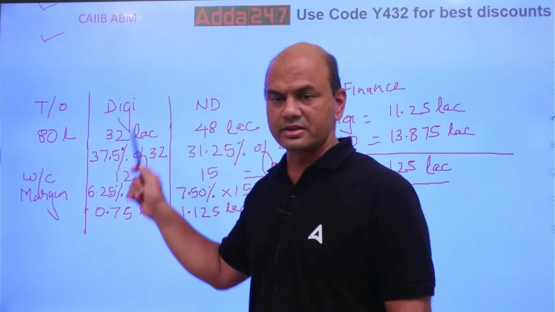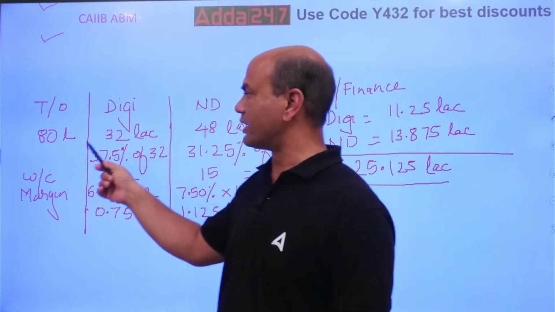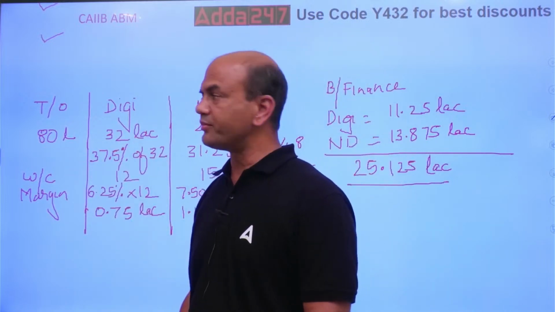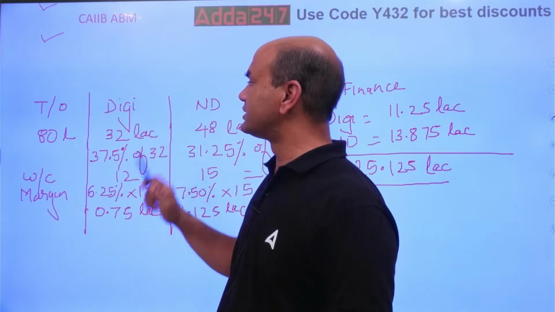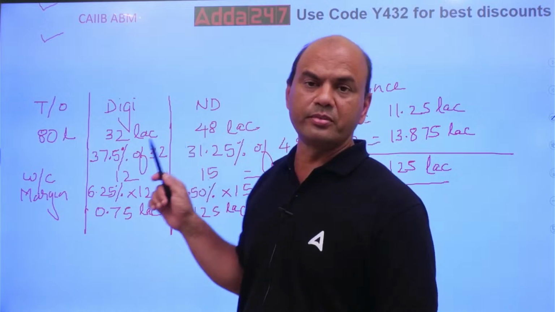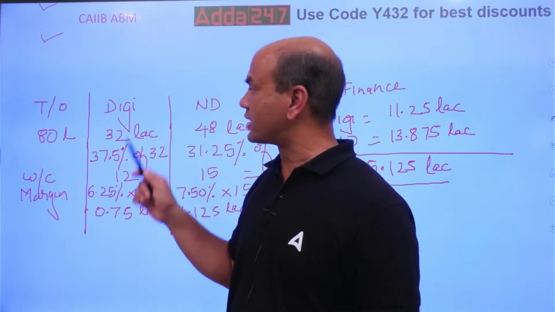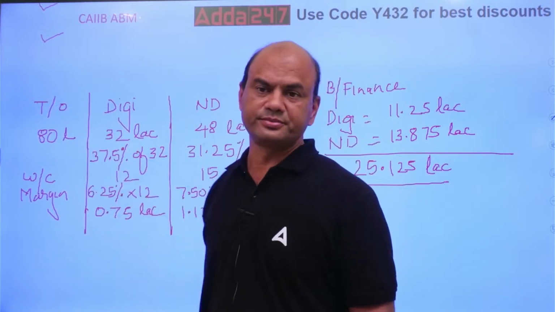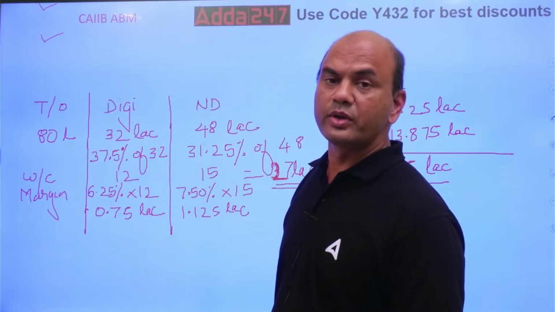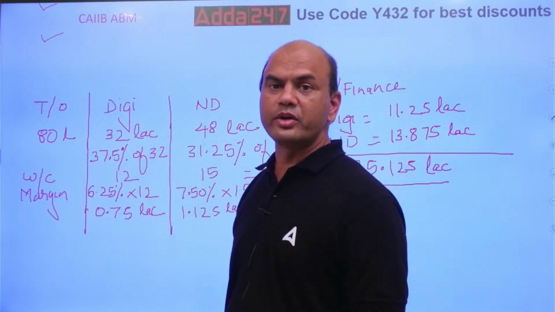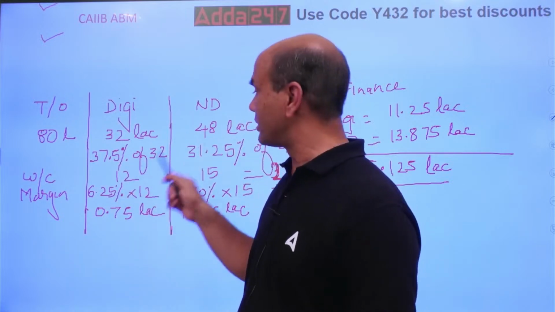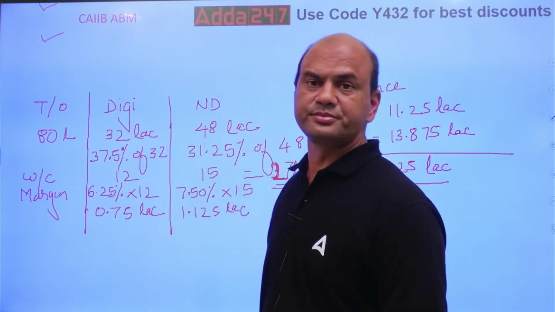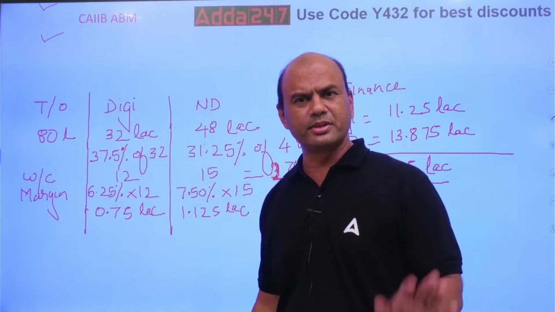Turnover for this year, we are taking 80 lakhs. Digital business is 40%. So 40% into 80 lakhs is 32 lakhs. Non-digital is the remaining, 48 lakhs. This is simple.